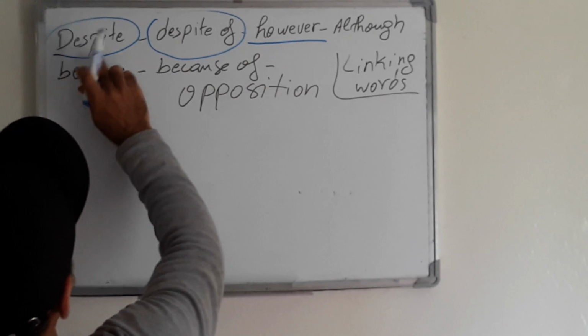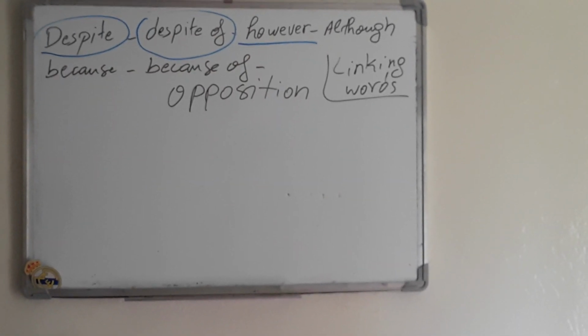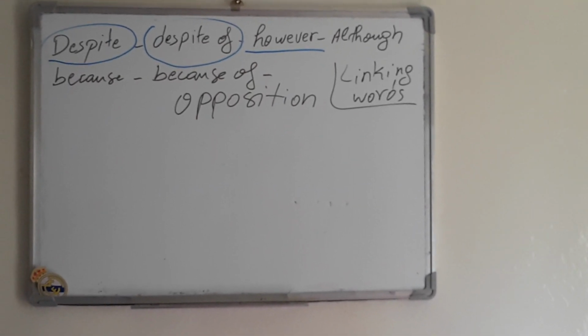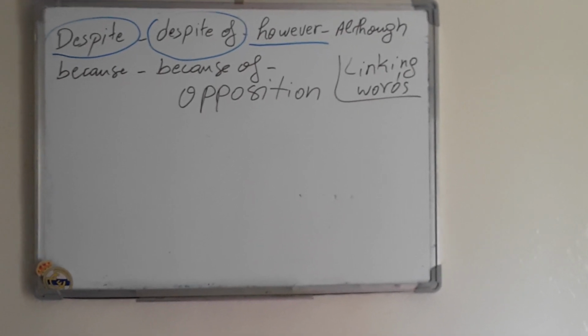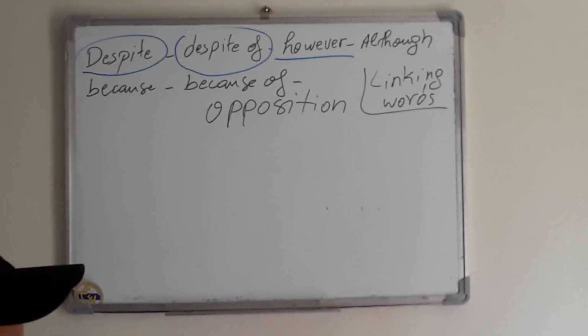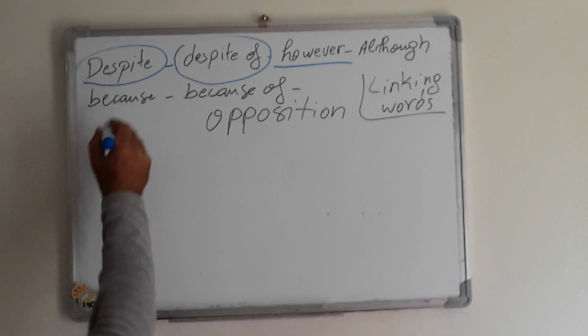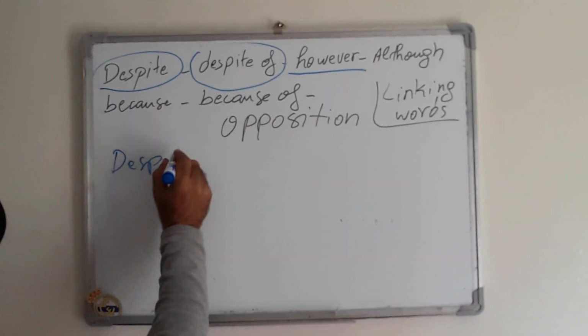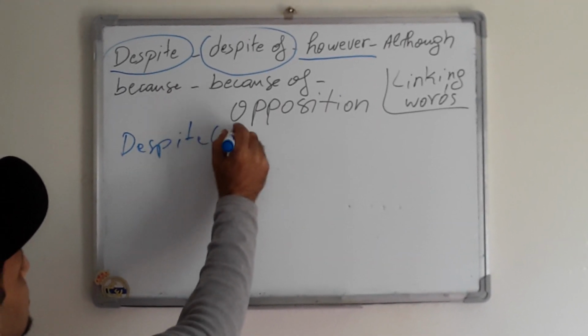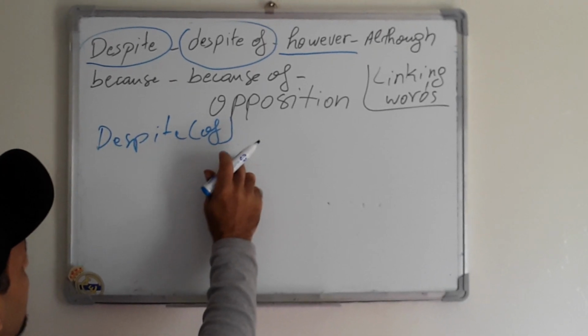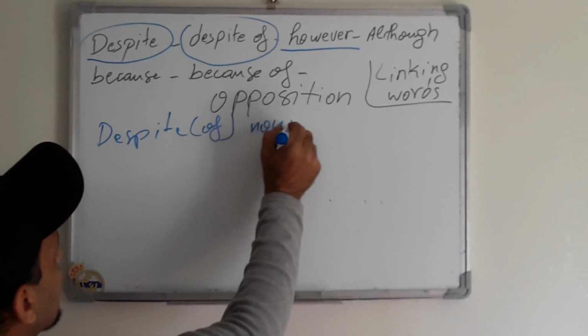Now I choose despite and despite of. Both of them are opposition. They are used the same way, but you have to know that despite and despite of have to come before a noun.